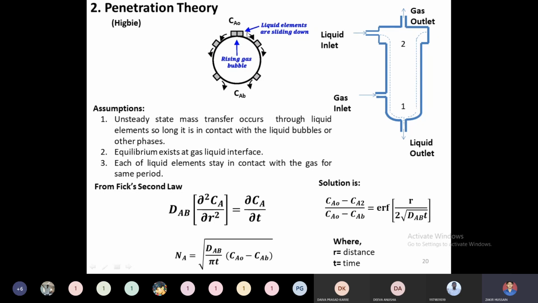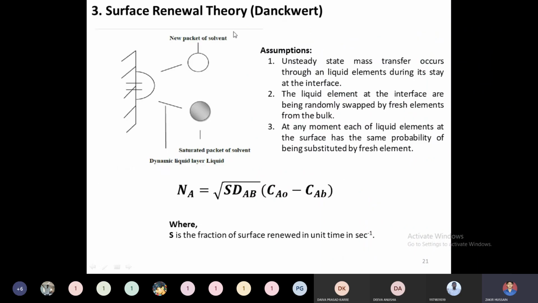Similarly, when the second packet drops, the next fresh packet will attach to the bubble. That is what the surface renewal theory is suggesting.